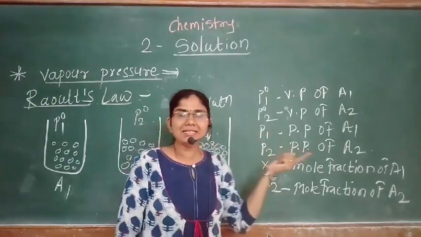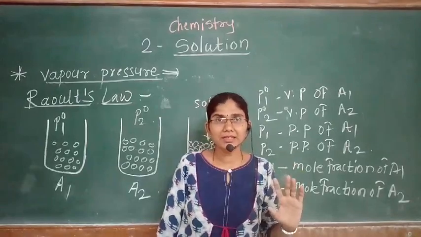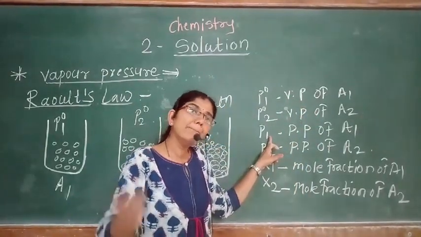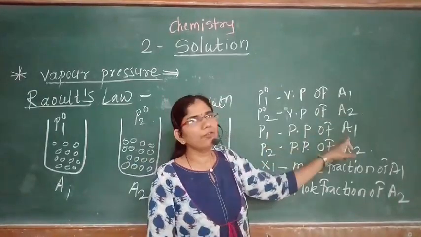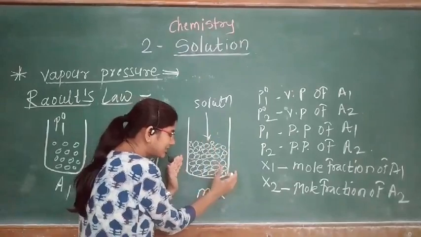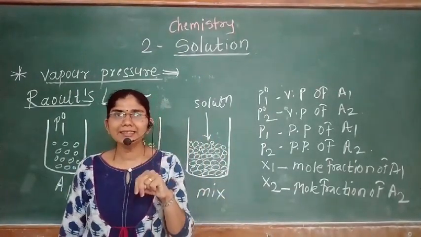But P1 is the partial pressure of A1. P0 1 is the vapor pressure, and P1 is the partial pressure of A1, because here in this mixture we have two volatile components.